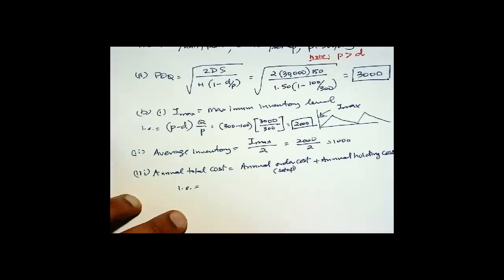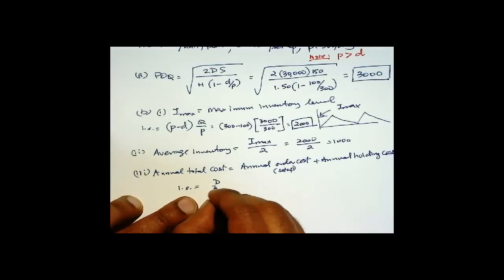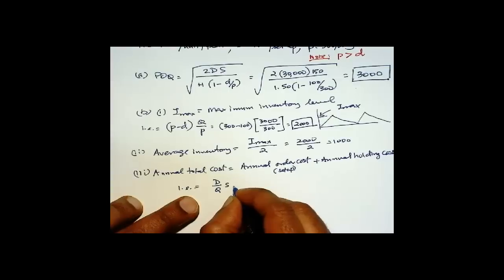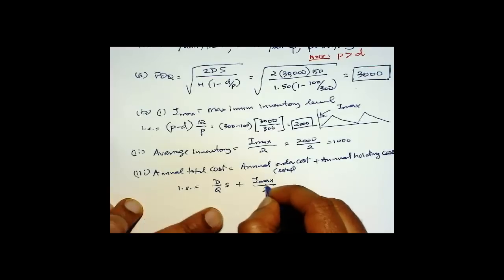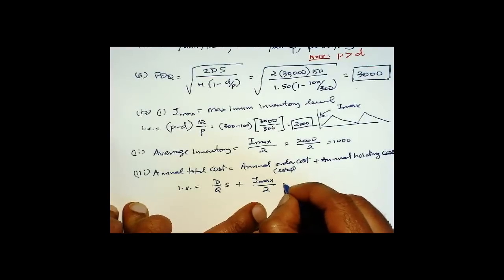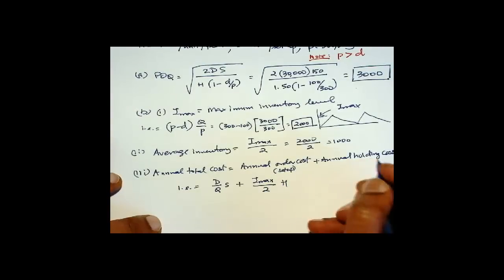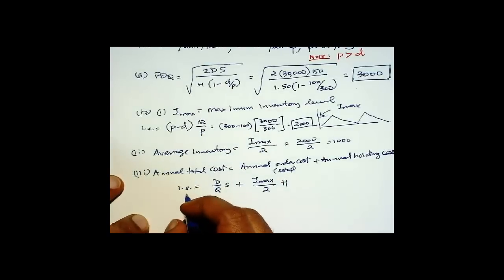That is equal to annual setup cost, which is D over Q times S, plus I sub max over 2 times H for annual holding cost.